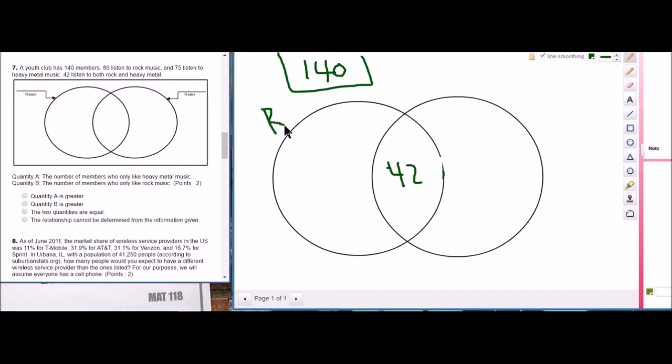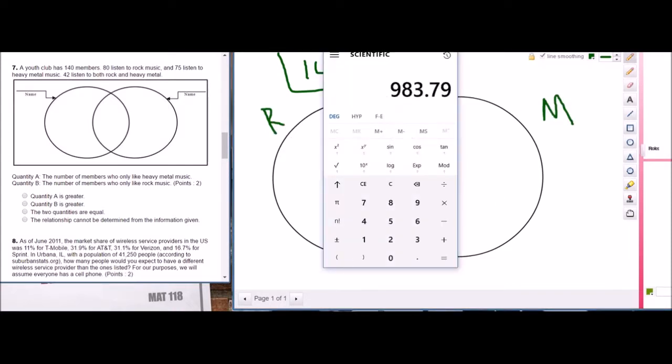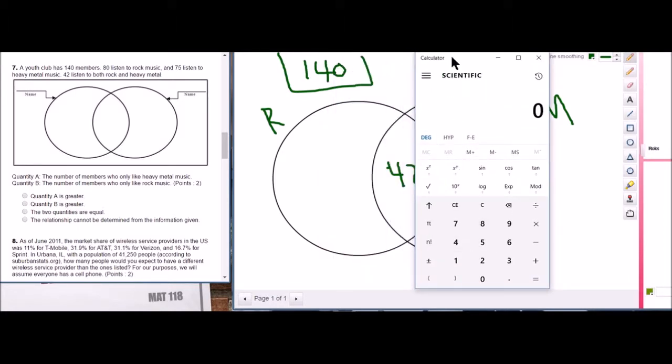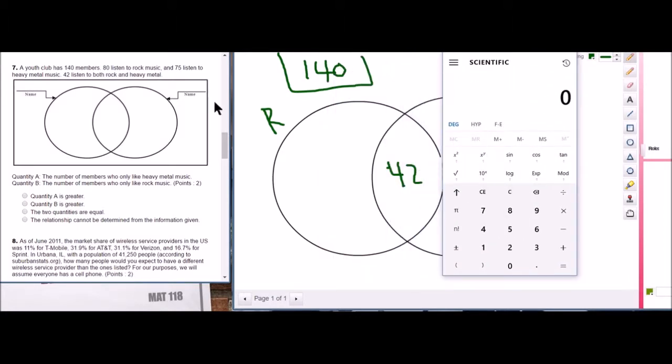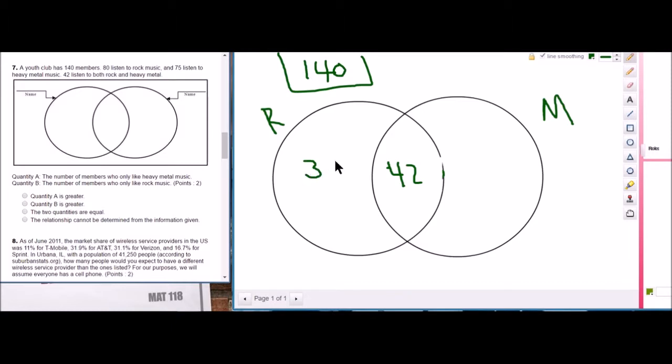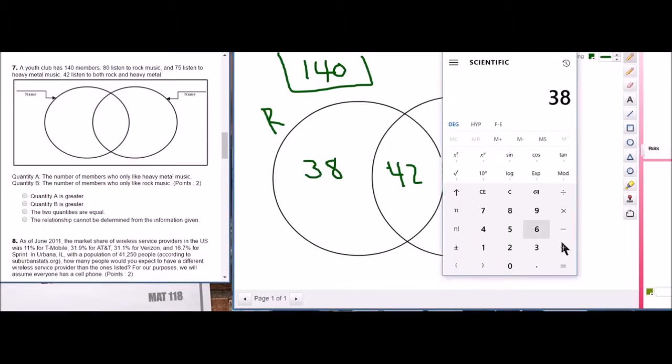So we've got rock versus metal. So we have 80 listen to rock, 80 minus 42, so we have 38 over here. And then we have 75 listen to metal, 75 minus the 42, so we have 33.